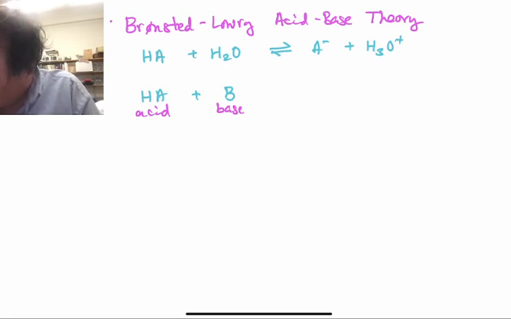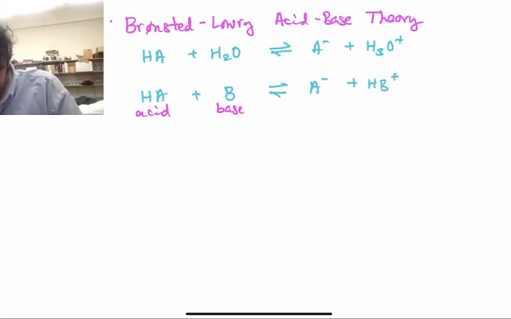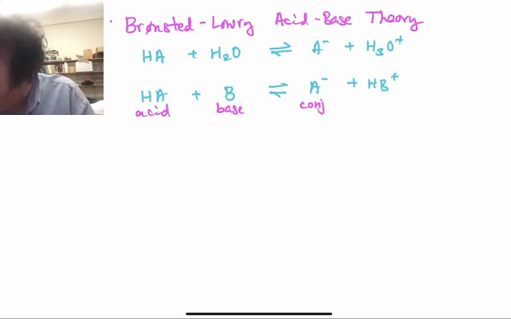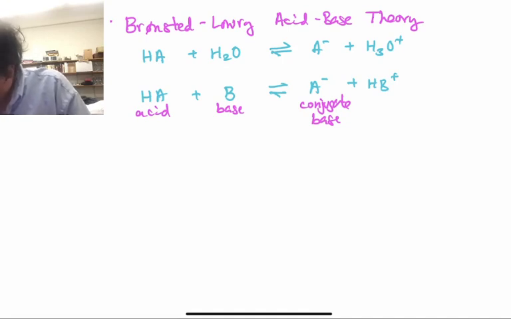The acid gives up a proton to become A minus. The base gains a proton to become HB plus. And A minus and HB plus have a name in the Bronsted-Lowry theory. A minus is the conjugate base, and HB plus is the conjugate acid.